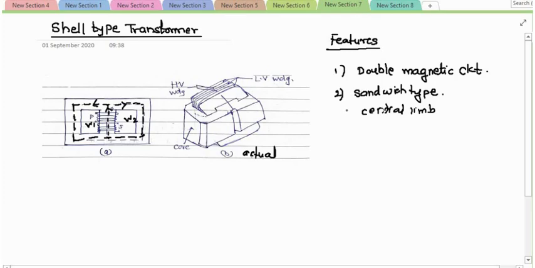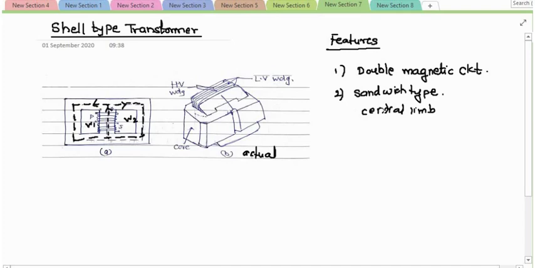HV and LV coils, which are wound in the form of pancakes, are interleaved with each other. The top and bottom coils which are near the yoke of the core are LV winding only, as I have told you previously. So the coils placed near to the core yoke portion are of low voltage winding only. The core nearly surrounds the winding here.